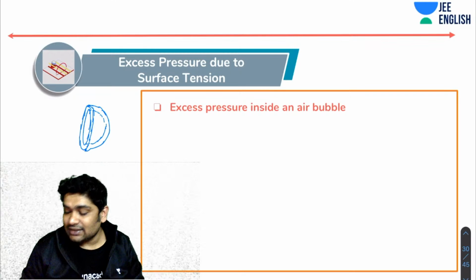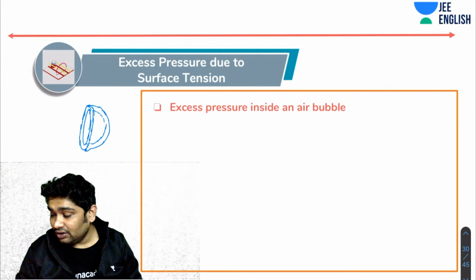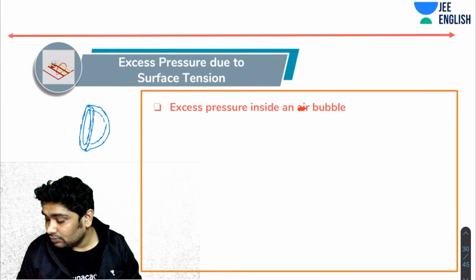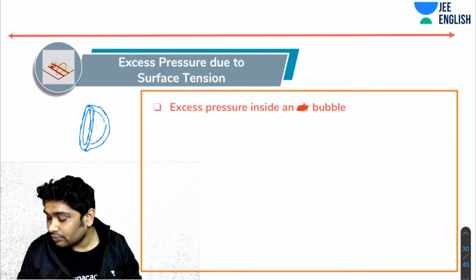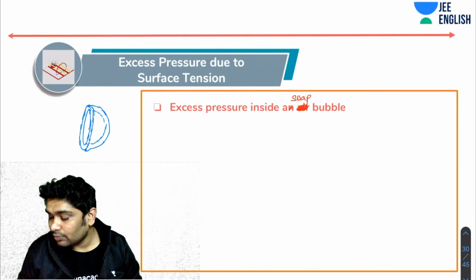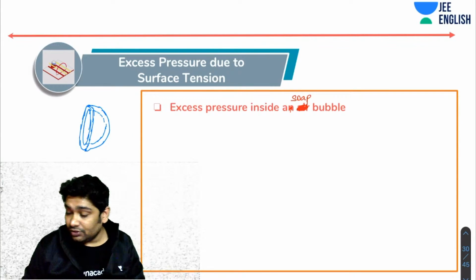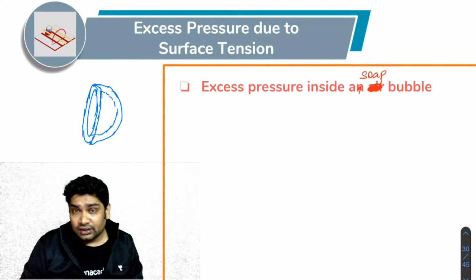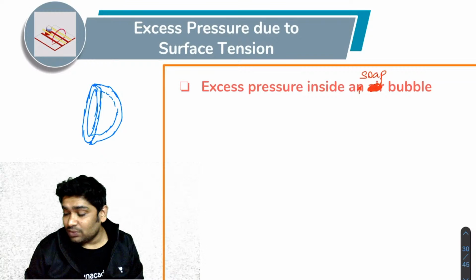A soap bubble has a thin layer of liquid. Let's call this a soap bubble. You have a thin liquid layer, and then you have this bubble.